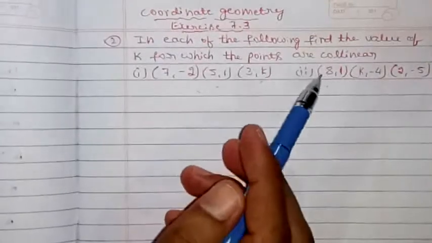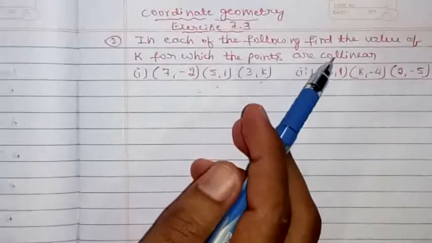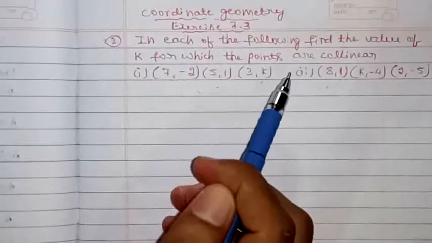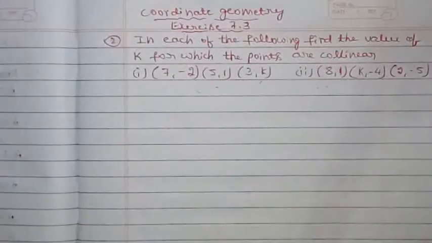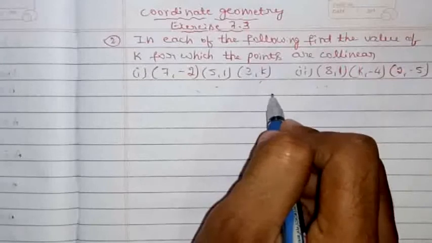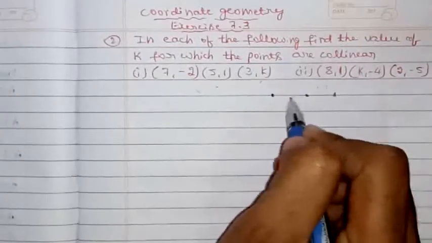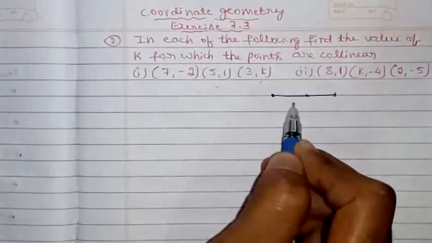Before solving the problem, let me just recall for you. This collinear-based problem you have solved in the distance problems, exercise 7.1, right? Now what is meant by collinear? Collinear is nothing but if 3 points lie in a straight line, they are called collinear points.